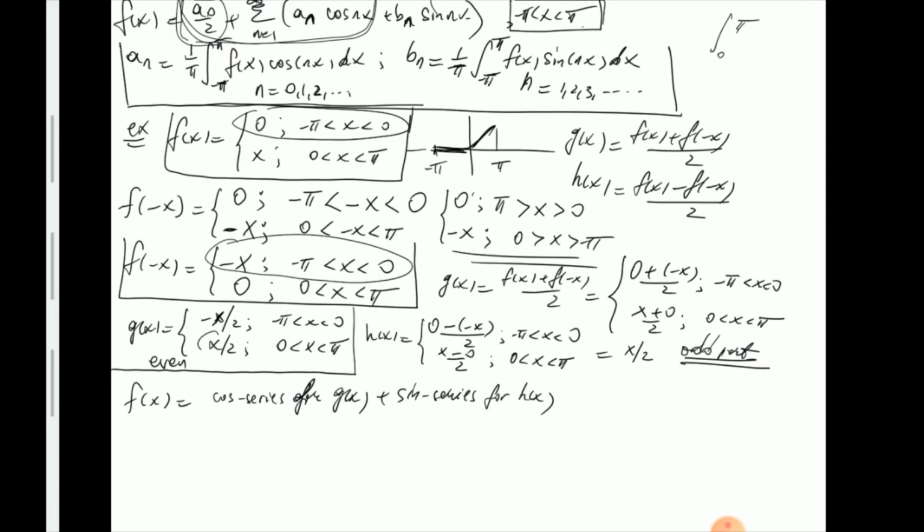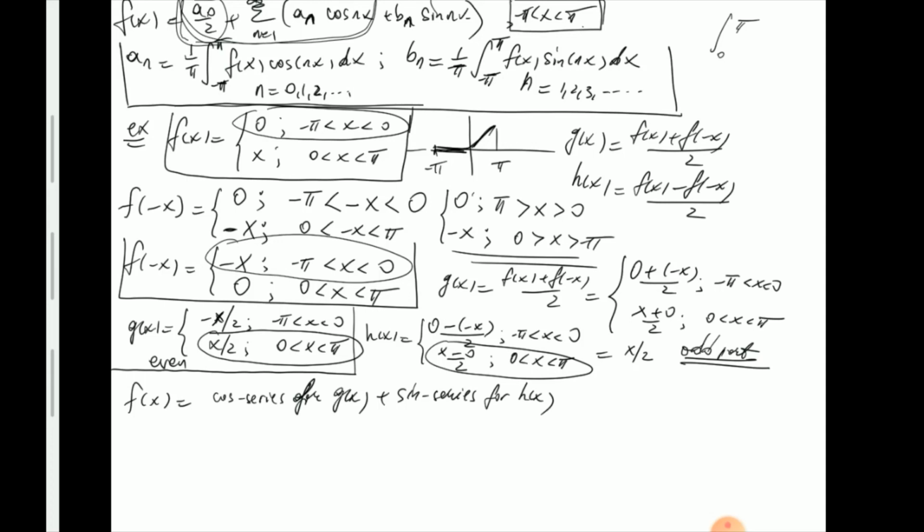Now, in both cases, remember, it's sufficient to look at the right half of the interval, so we're looking at the interval 0 to pi in both cases. This is the time when you can look at the previous notes, or at the table of series in the book.